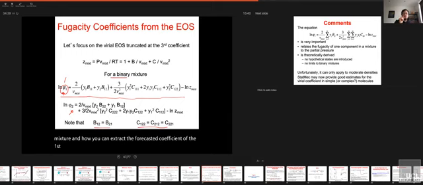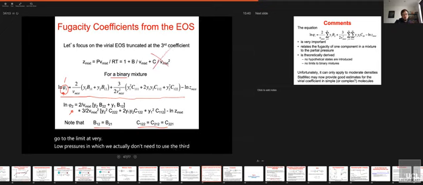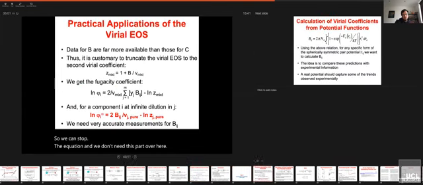Now let's assume we are still looking at the binary mixture, but we go to the limit at very low pressures, in which we actually don't need to use the third virial coefficient. So we can stop the equation and we don't need this part over here. Right? That is what I'm writing over here.